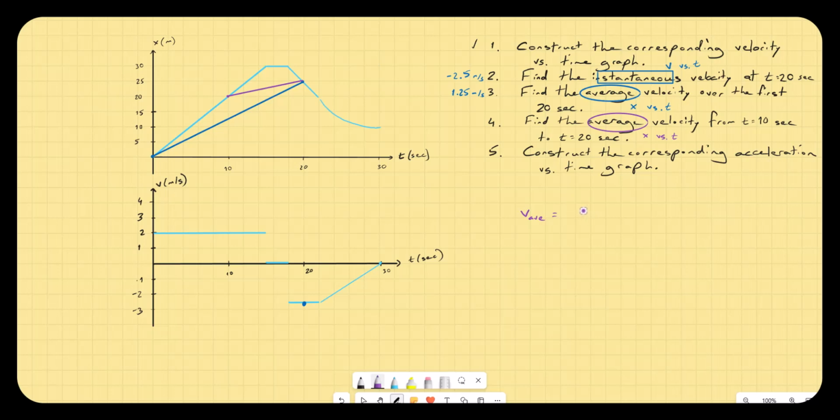V average is going to be x at t equals 20 seconds minus x at t equals 10 seconds, divided by 20 seconds minus 10 seconds. X at 20 seconds is still 25 meters. X at 10 seconds, I'm grabbing right here, that's 20 meters. Divided by 20 minus 10, that's 10 seconds. I get 5 over 10 is a half a meter per second.